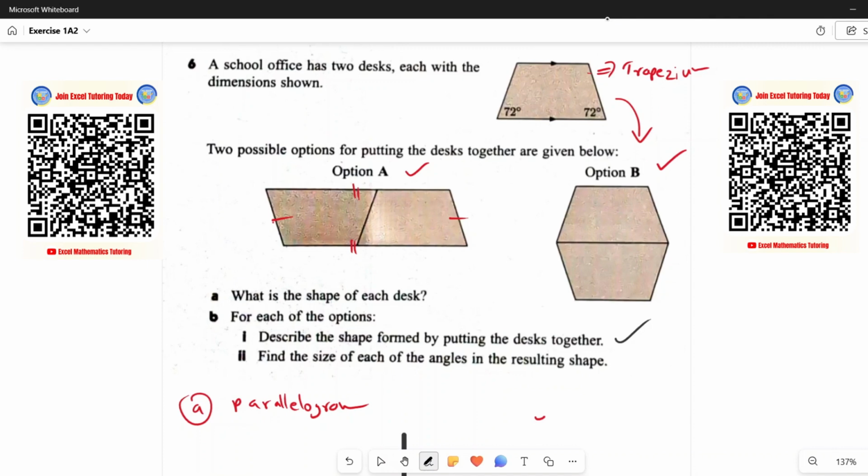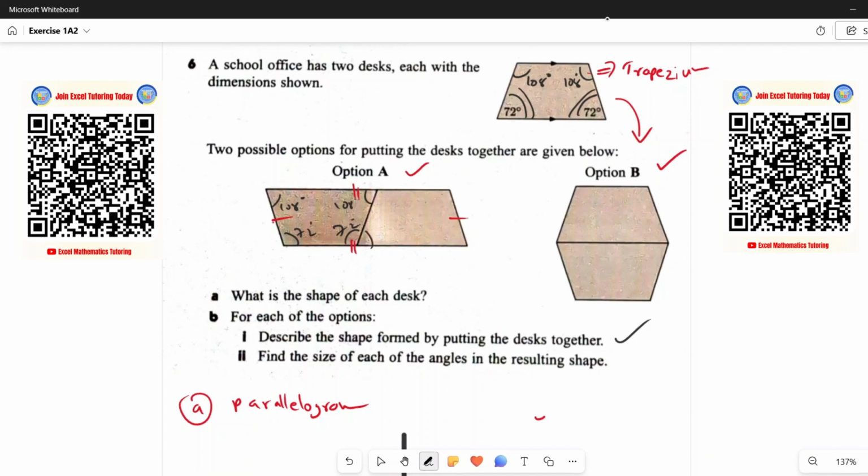From this parallelogram we can find, here the angle is 72 degree, here the angle is 72 degree, so this angle should be 108 by using the property of supplementary angles. So this also will be 108. Here this will be 72, here 72, here 108, here 108 degree.